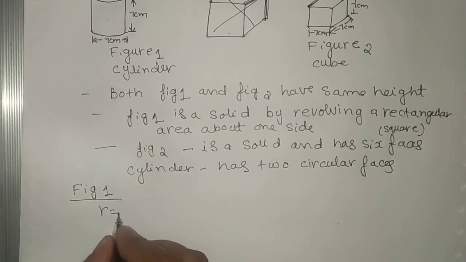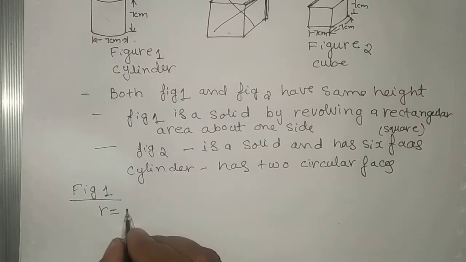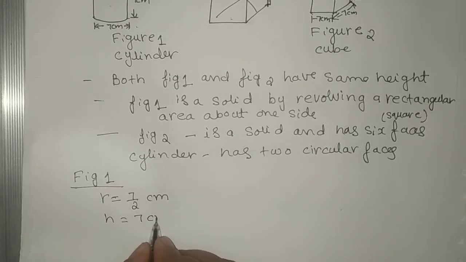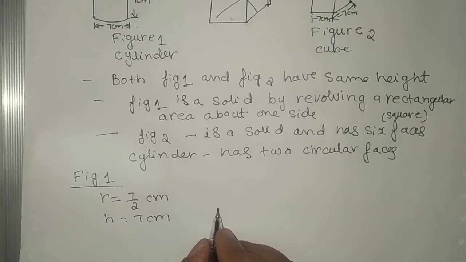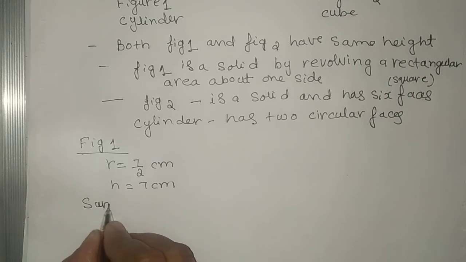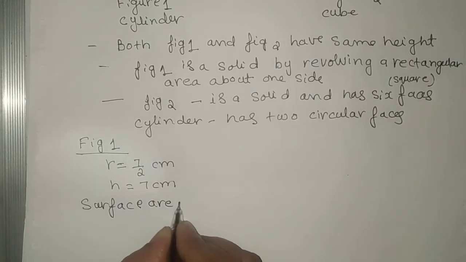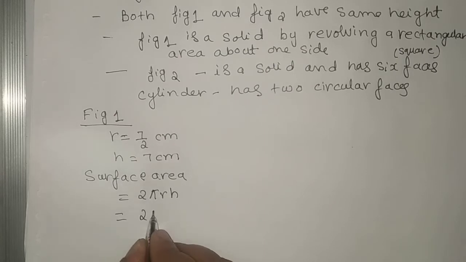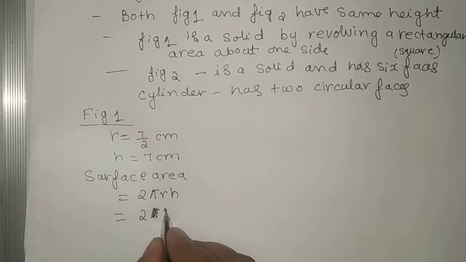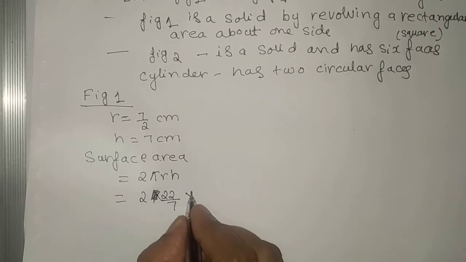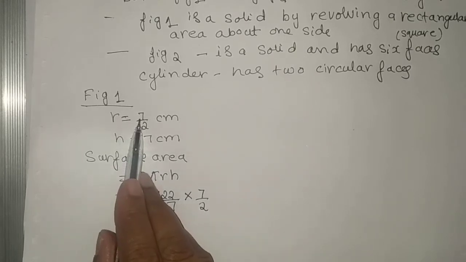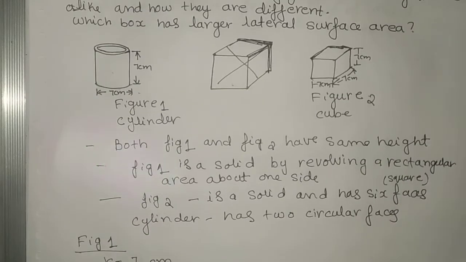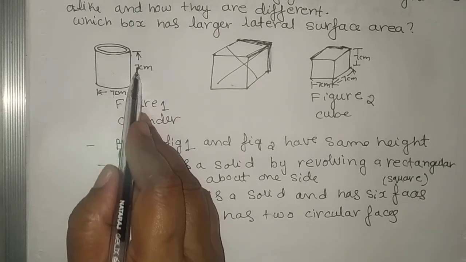Here the radius r is 7 by 2 centimeters, and the height h is 7 centimeters. Next we have to calculate the surface area, which is given by the formula 2 pi r h. Substituting, 2 into 22 by 7 into the radius 7 by 2 into the height 7.